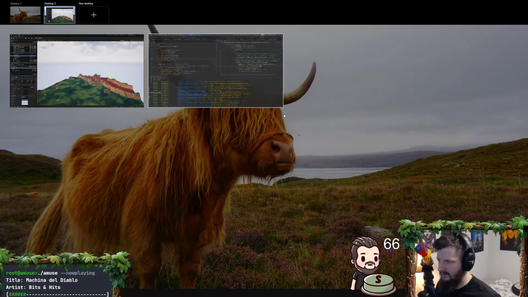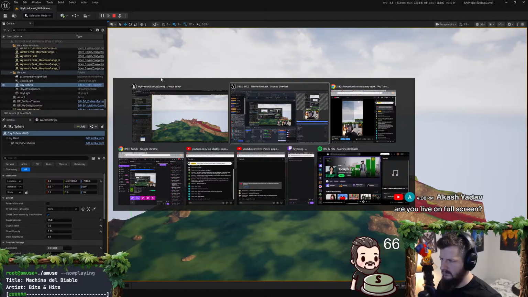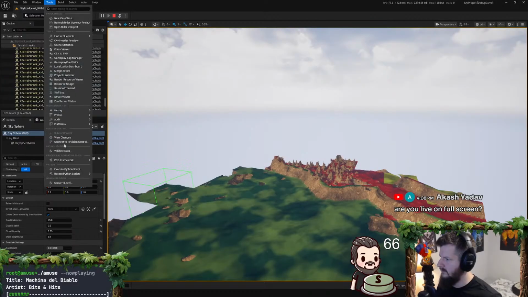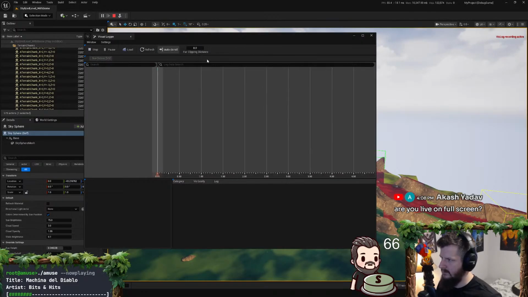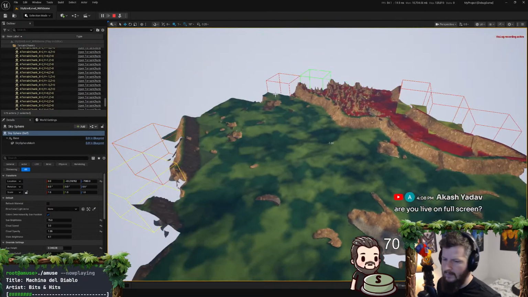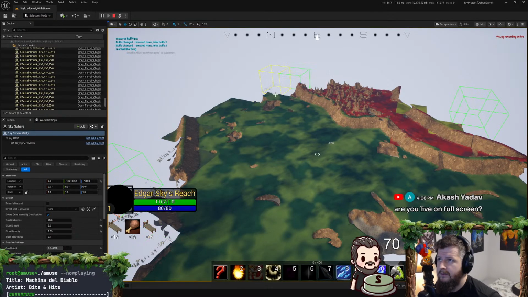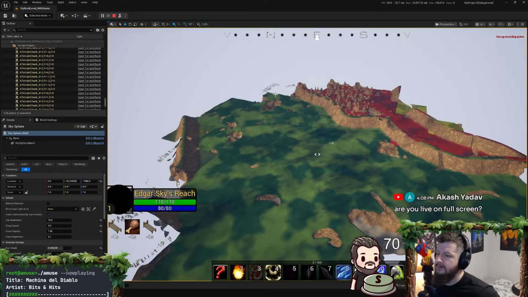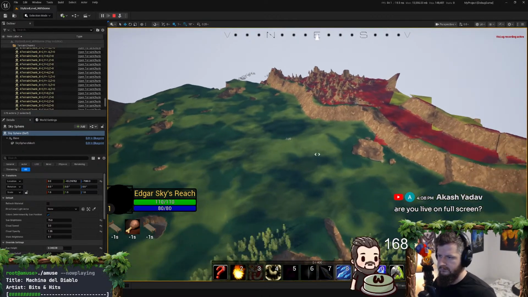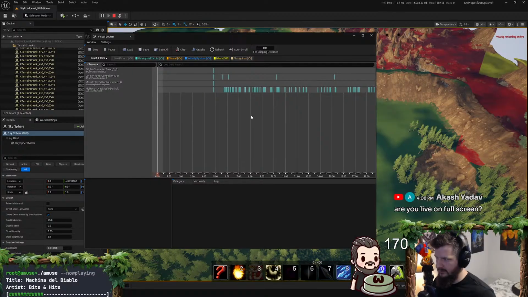Where's the visual logger at? Tools, debug, visual logger. Okay. All right. Are you live on full screen? Yeah, there should be a horizontal stream as well, if that's what you mean.